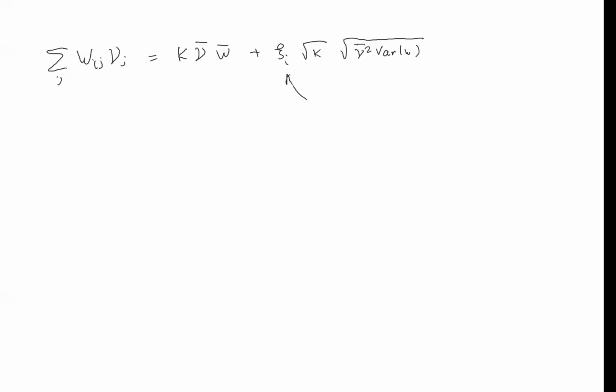Where this actually turns out to be a zero mean, unit variance Gaussian random variable.